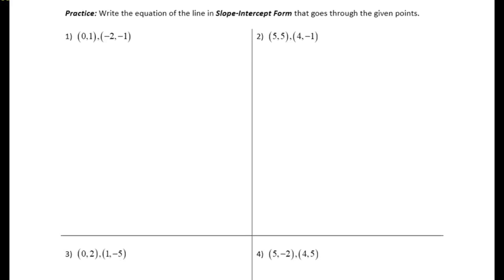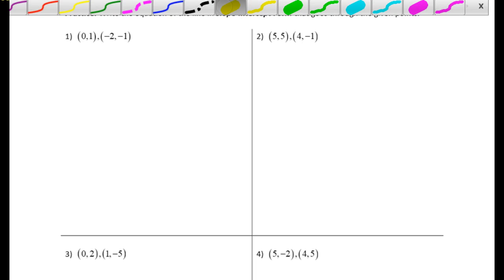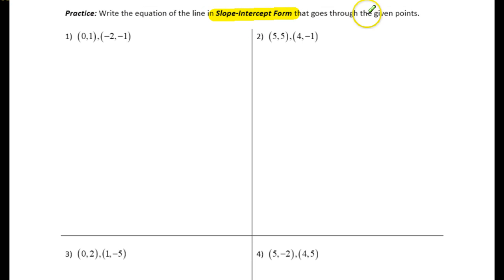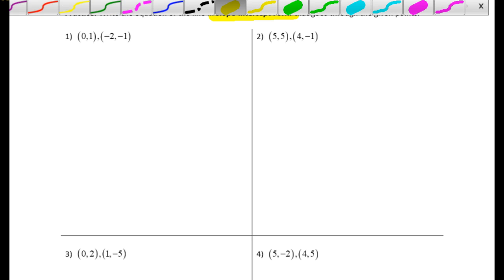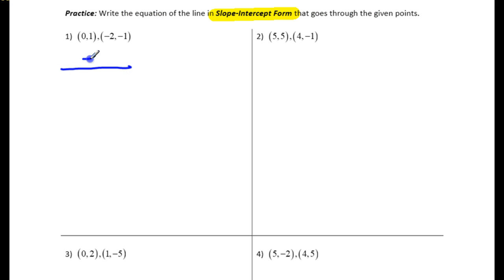Alright, so for all these, we want to write the equation in slope-intercept form that goes through these two given points. So number 1, we got (0, 1) and (-2, -1). So let's start off by finding our slope first. Now just remember, you can do it in a slightly different order, right? I'm just going to start with this point first.